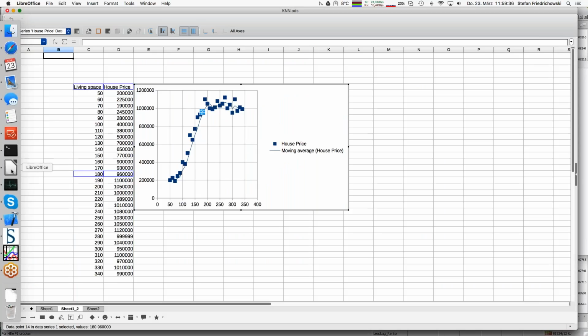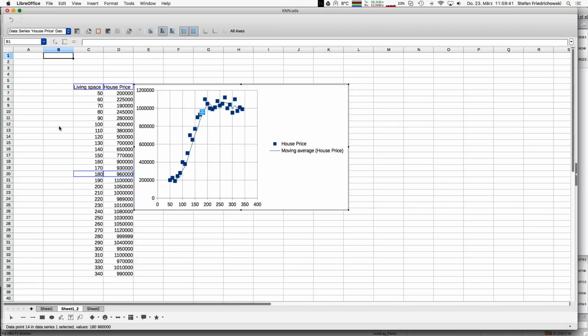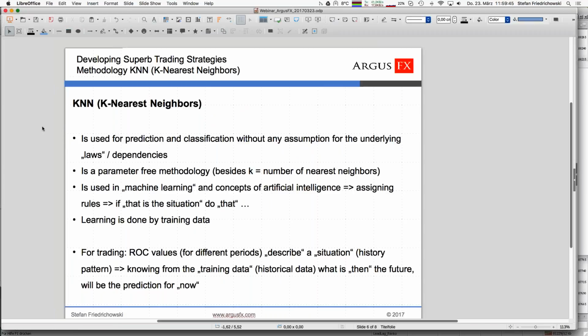I hope I have brought a little bit of light into the concept of k-nearest neighbors. It's a methodology out of machine learning and artificial intelligence, and we use it here now for trading. But of course, that methodology has a much broader field of application. But that is for sure. Good. So that's for now.